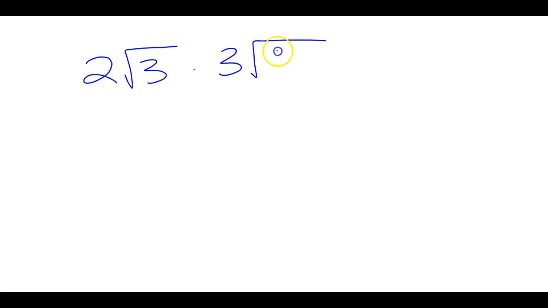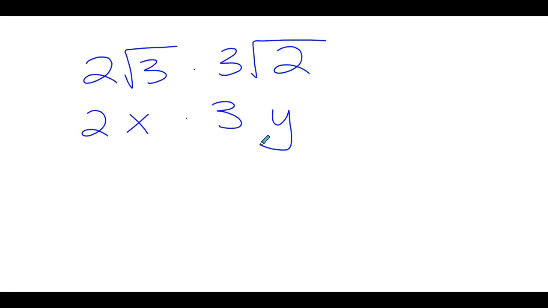Okay, now one more. Let's say that there's a number in front. Let's say I have 2 square root of 3 times 3 square root of 2. We're going to multiply the numbers in front. The whole numbers get multiplied together, and the radicands get multiplied together. So kind of like if we had 2x times 3y, what would our answer be? 6xy.